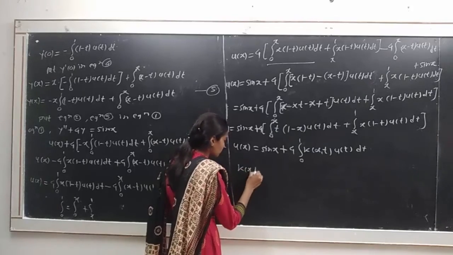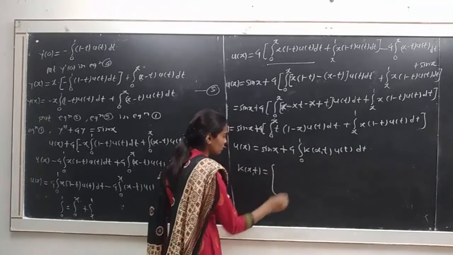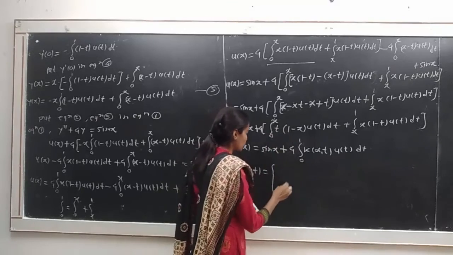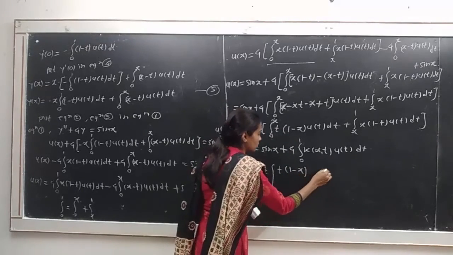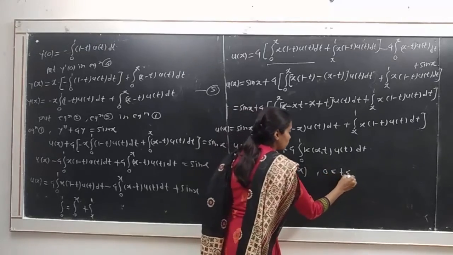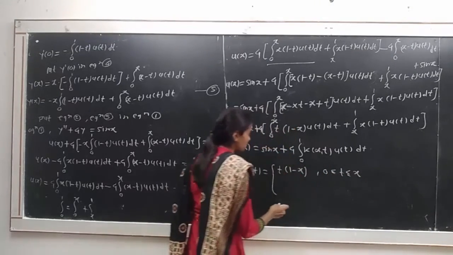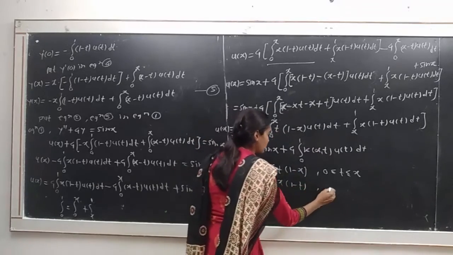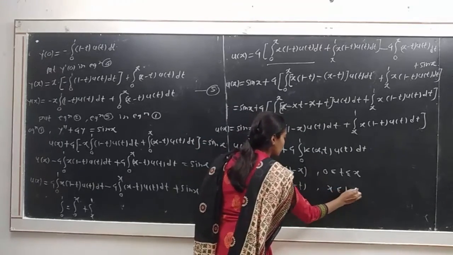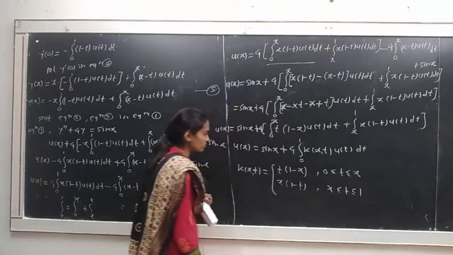in the first interval 0 to x, the kernel will be t (1 minus x), for 0 less than or equal to t less than or equal to x, and in the second interval x (1 minus t), that is x less than or equal to t less than or equal to 1.